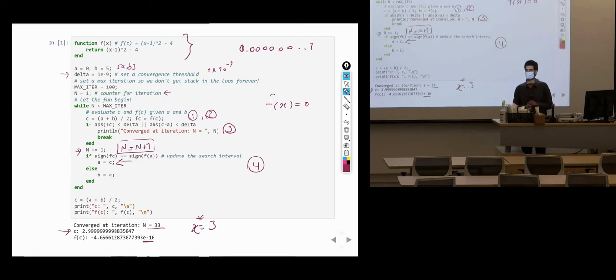So this is the bisection algorithm. I'd like to point out that this was also more than just an algorithm. This was a process of looking at the theorem, seeing how you can use that to design an algorithm, writing your steps or pseudocode, and then writing a program and solving it.